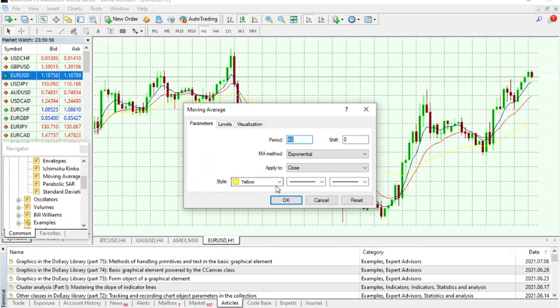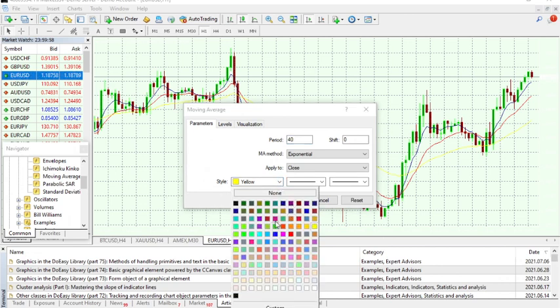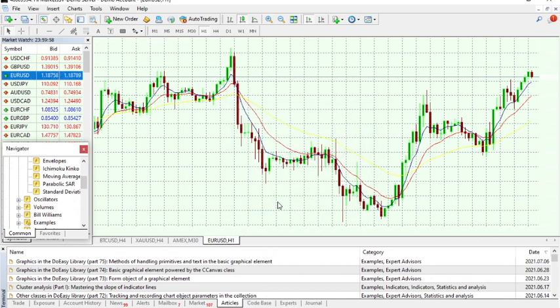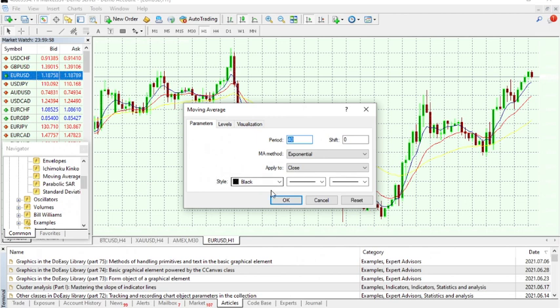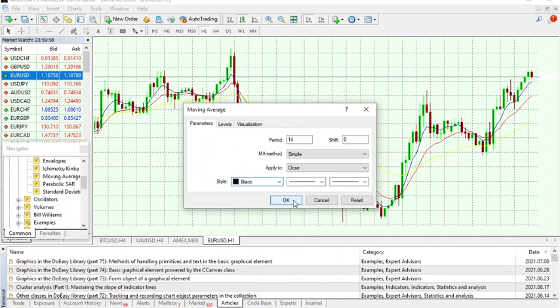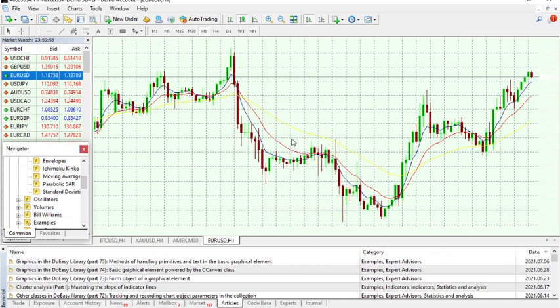Or let's change it so that, let's use black. Okay, it's not changing. Don't mind me, I have a system that delays sometimes. Okay, the reason is in simple moving average, you have to change it to exponential. Although my system delays, as you can see, just come over here.